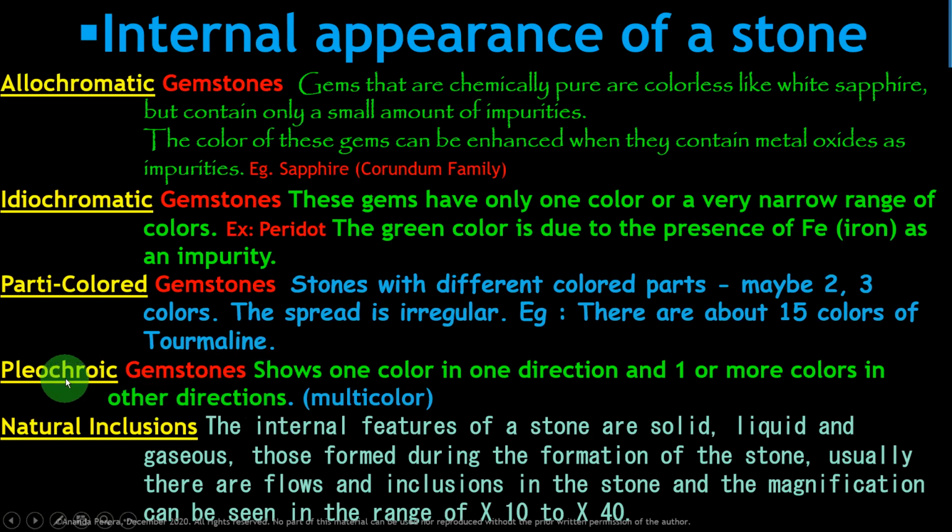This is called pleochroism, and those stones are called pleochroic gemstones. It is number 4. The last one, natural inclusions.